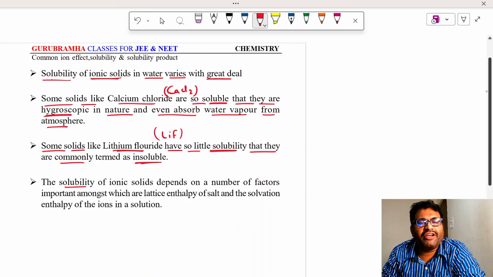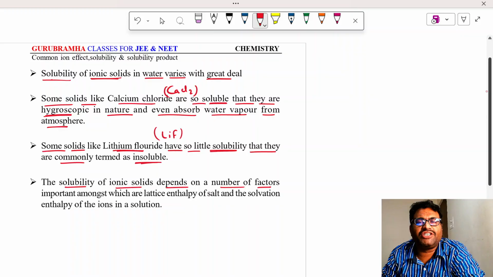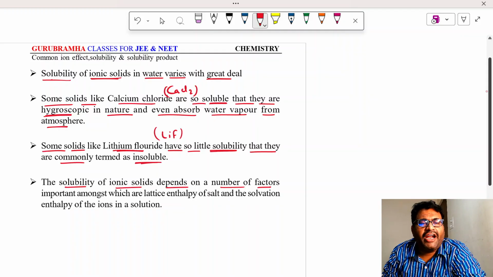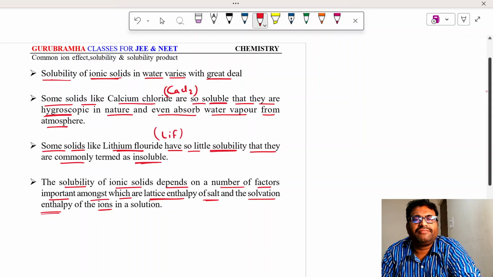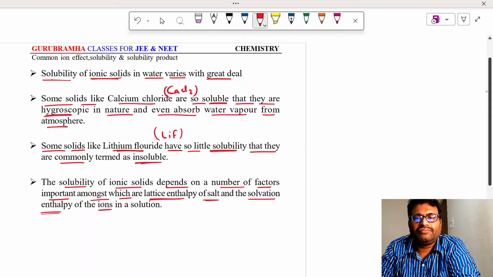The solubility of ionic solids depends on a number of factors: nature of the solute, nature of the solvent, and temperature. Important amongst these are the lattice enthalpy of the salt and the solvation enthalpy of the ions in the solution. So let us see that.